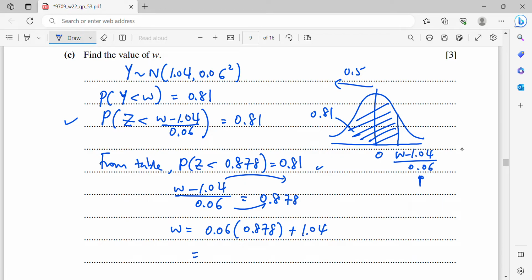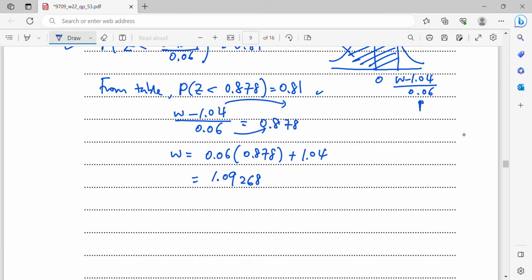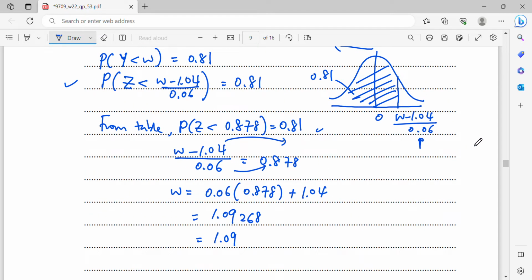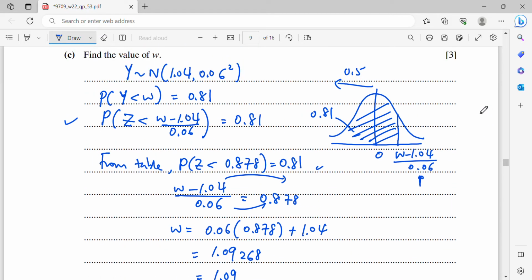Okay, so we'll calculate all this. It will be 1.09268. Then we can just round the answer, 1.09. Okay, so this is the solution.